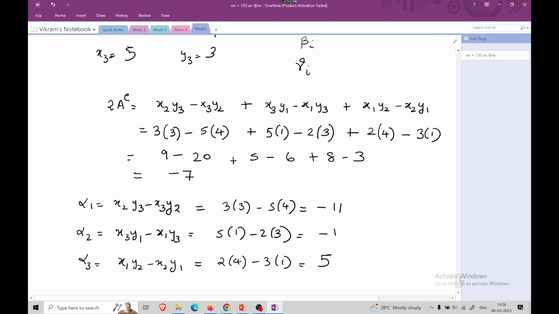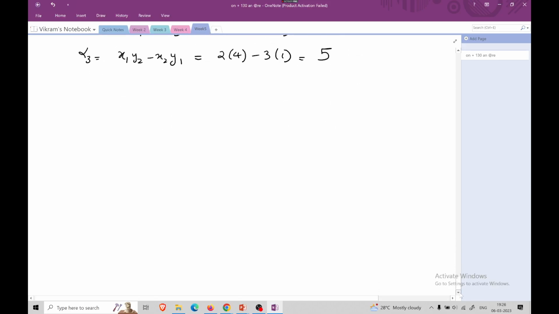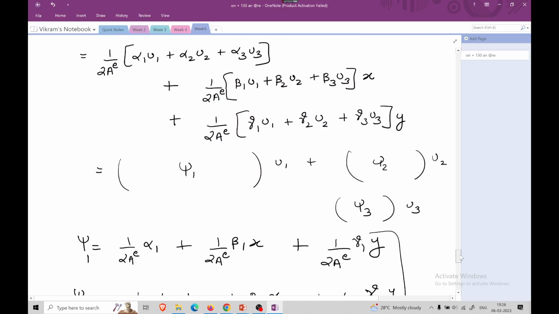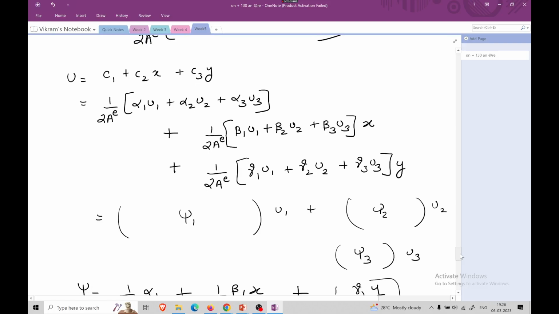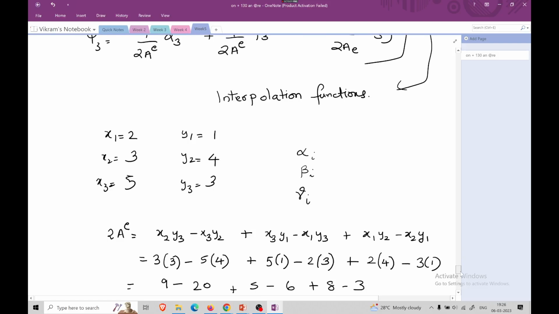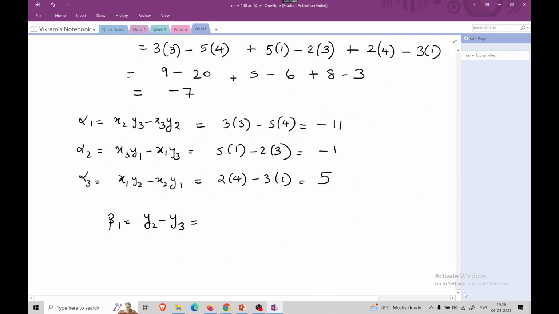Beta 1 is y2 minus y3. What is y2 minus y3? 4 minus 3, 1.